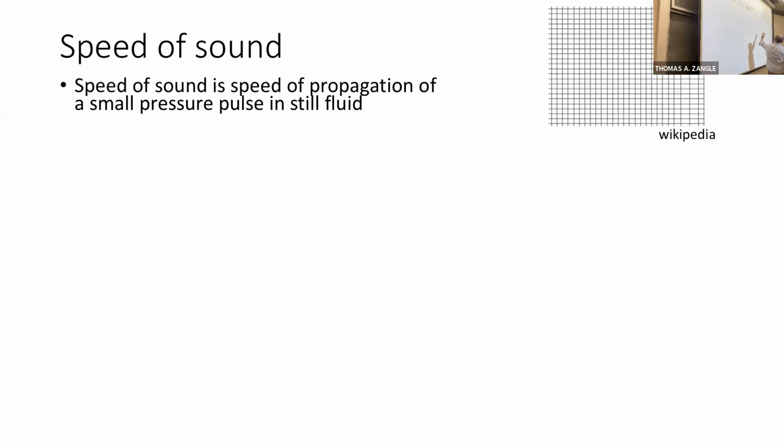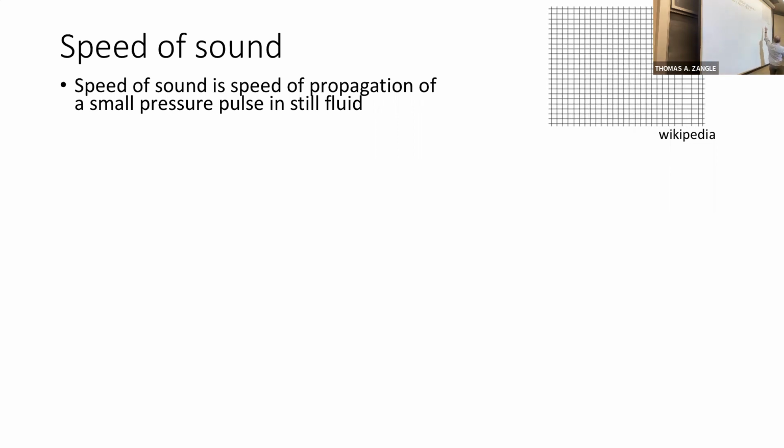So this is a short clip from Wikipedia showing a small pulse, like a sound wave moving through a medium. And this is what sound is. Sound is a small compression, a small disturbance in density, that travels through that medium.